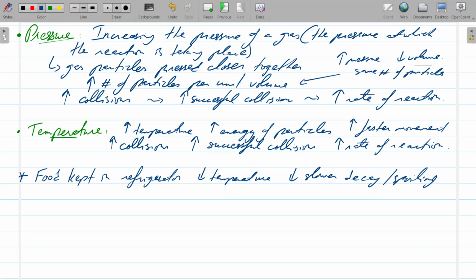Now, how can we test the effects of temperature? And so we repeat the sodium thiosulfate experiment, right? And this time, instead of changing the concentration of sodium thiosulfate, what we do is we carry it out at different temperatures.